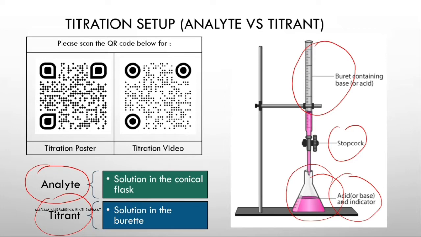So the analyte solution will already have a fixed volume and a fixed concentration. Whereas in the burette, we have a fixed concentration of our titrant, but the volume will vary depending on the equivalence point. I'm going to tell you more about equivalence point after this.